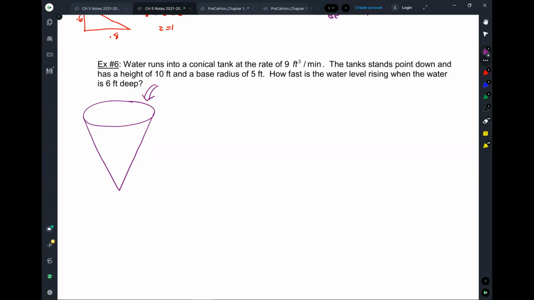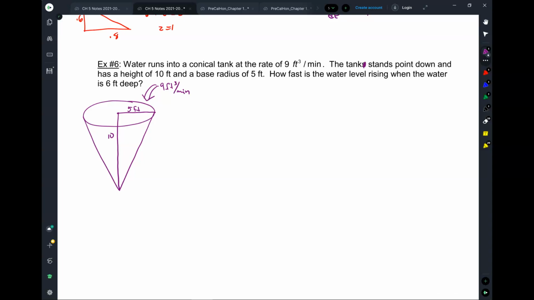Thank God. Okay, so water runs into a conical tank at a rate of 9 cubic feet per minute. The tank stands point down and has a height of 10 feet and a radius of 5.